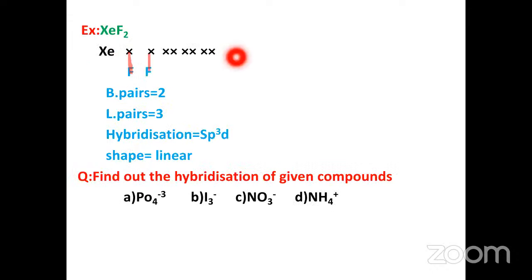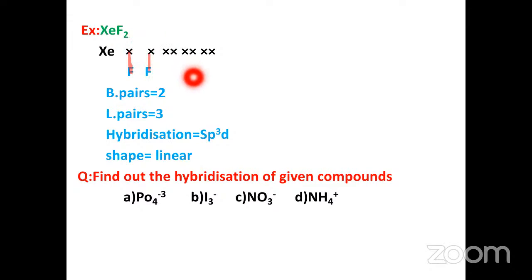Next, let us discuss the example XeF2. In this XeF2, xenon is the central atom. It belongs to 8th group, so put the 8 electrons on the xenon central atom, and this xenon is overlapping with the 2 fluorine atoms. Each fluorine forms one single bond, because fluorines belong to 7A group elements.